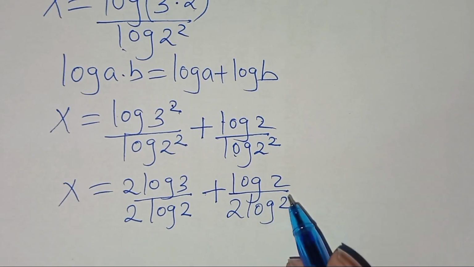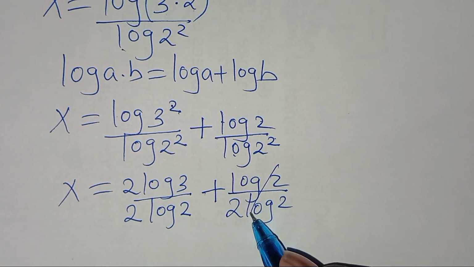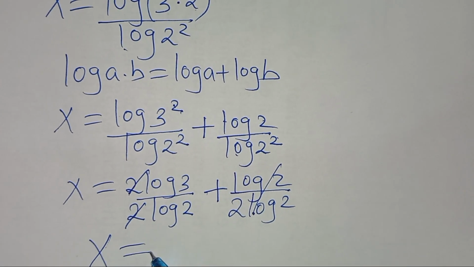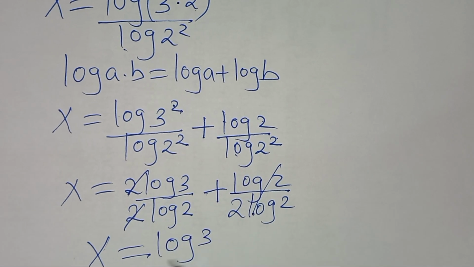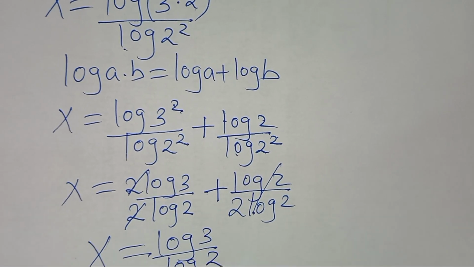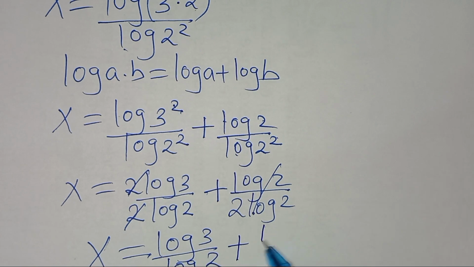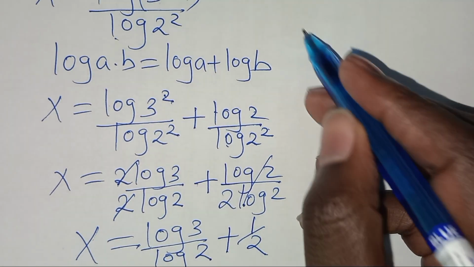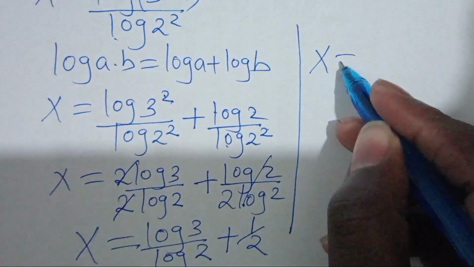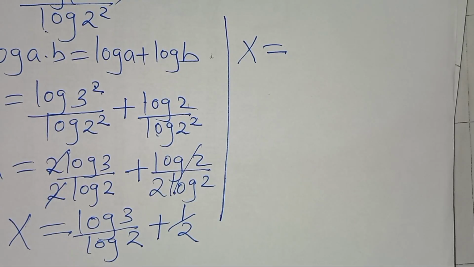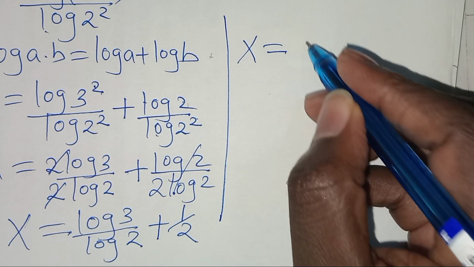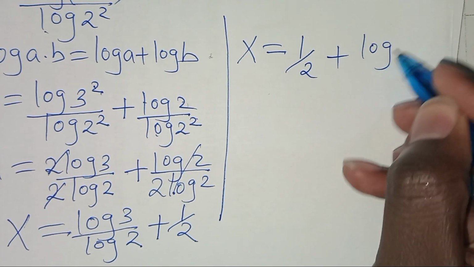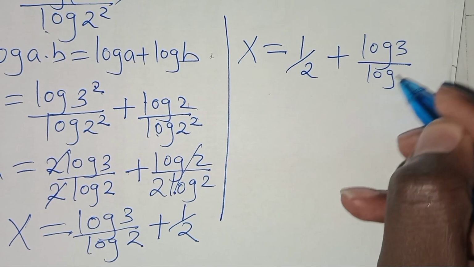So let's simplify here. Log 2 and log 2 will simplify here. And here, 2 and 2 simplifies, so that x is equal to log 3 divided by log 2 plus a half. So we can express x as, now that means that the value of x here is equal to a half plus log 3 divided by log 2.